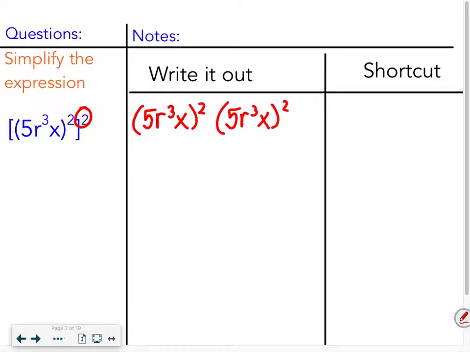Okay, so then I'm going to take that and I'm going to write each one of these twice. So I'm going to write it 4 times total. So 5, 3 r's, and an x. So I'm writing that 4 times.